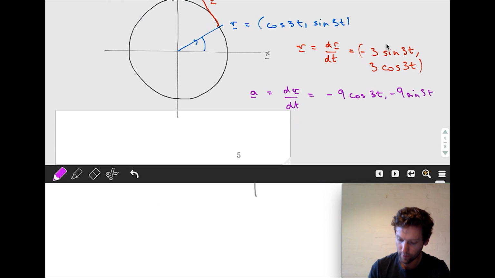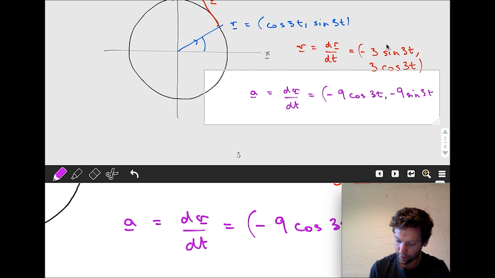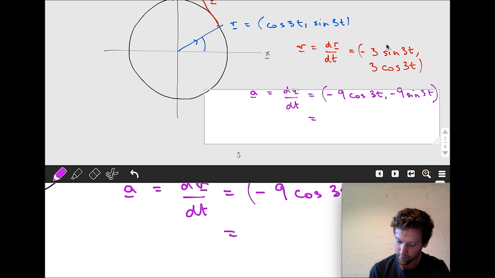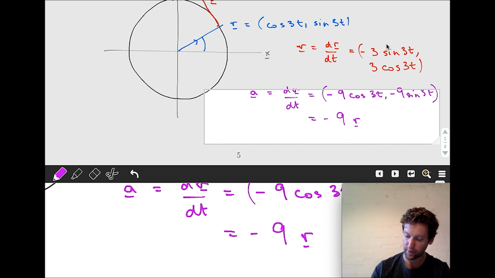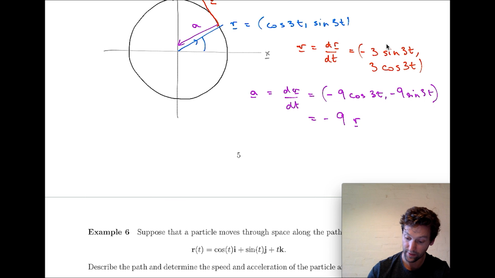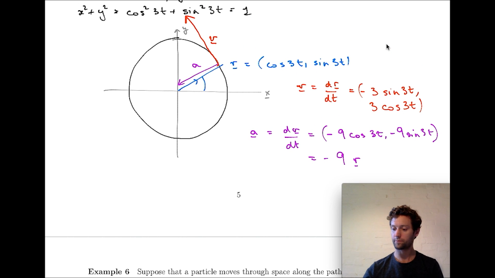So you notice that I've pulled out factors of 3 again. And you can see that I get a minus 9 times my position vector. So it's pointed back towards the center of the circle again, but it's 9 times larger this time than the radius vector. So this time the centripetal acceleration is also larger.